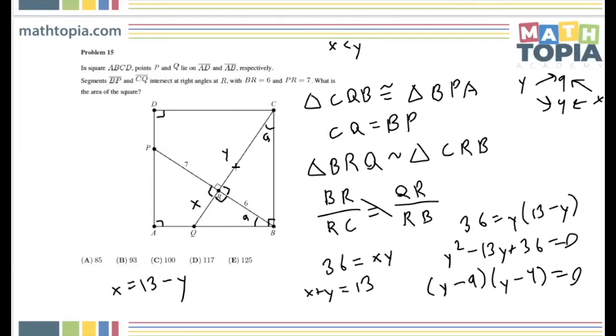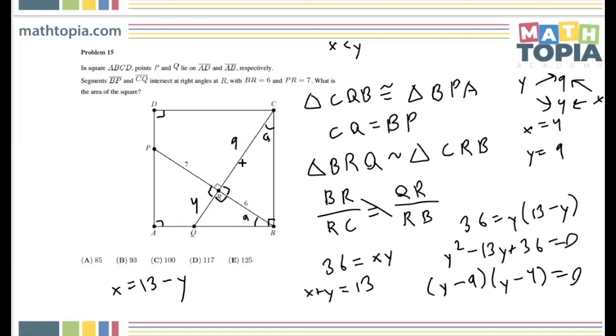So X is going to be smaller than Y. So X is going to take 4 and Y is going to take 9, because angle PBA is by necessity less than 45 degrees, right? So X is 4, Y is 9, and now we can find the area of the square, because knowing that's 4 and that's 9, we can do many things.